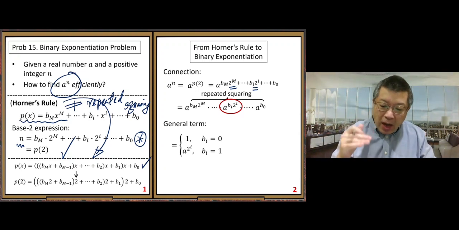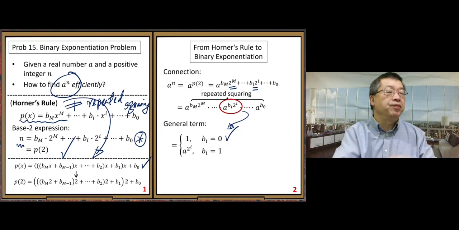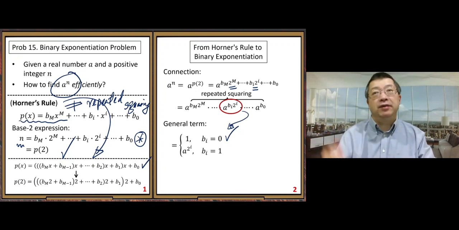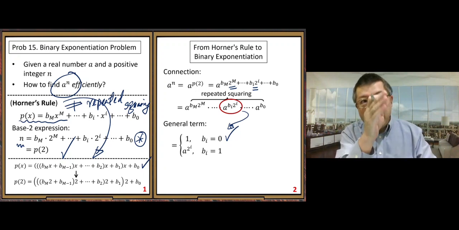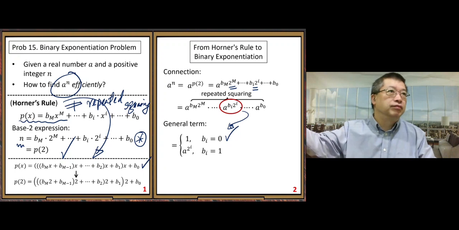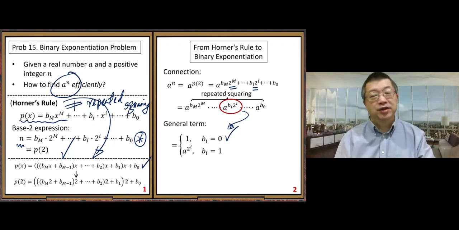When b sub i equals 0, the whole term is just 1. Multiply by 1, we do nothing. That's the easiest case. So we can look at the next term.